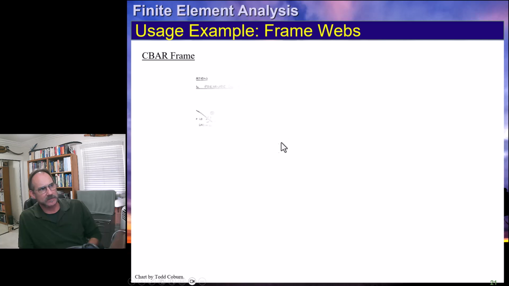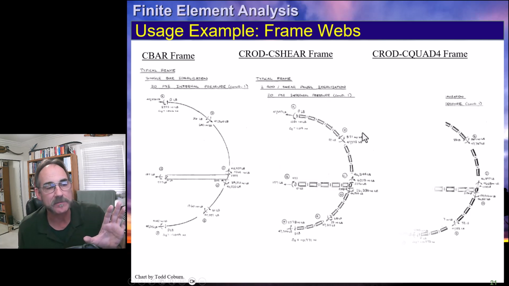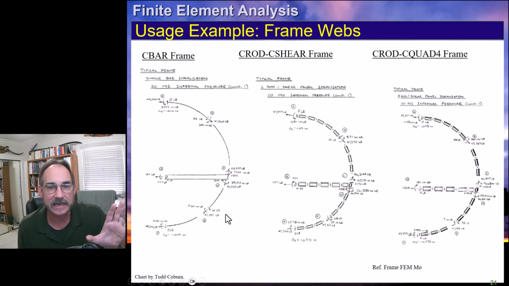Some other examples. We talked before in earlier lectures about this modeling study. This was a modeling study I did a bunch of years ago. This is showing frames modeled with bars. This is showing frames modeled with a 2-rod single shear panel model. And this is showing a frame model with 3 rods, a quad, and a shear panel.